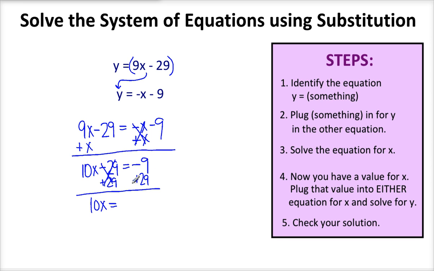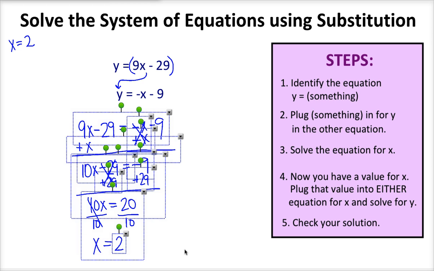And then negative 9 plus 29 is 20. Okay, last step is to divide both sides by 10, because 10 divided by 10 will leave me with 1x over here. And then 20 divided by 10 is 2. So I solve that whole equation, and I find that x is equal to 2.